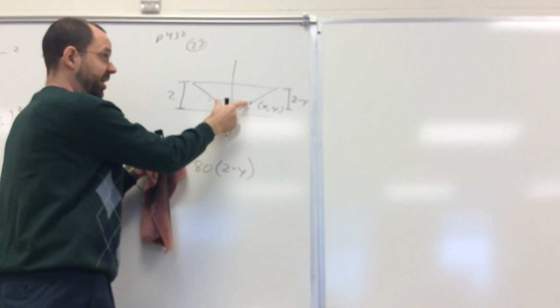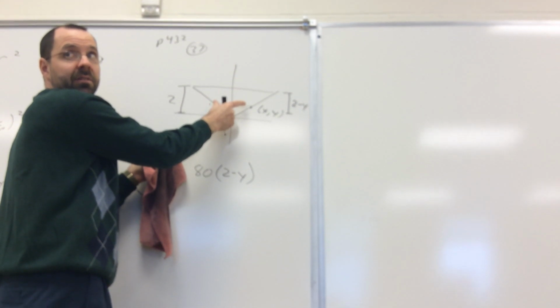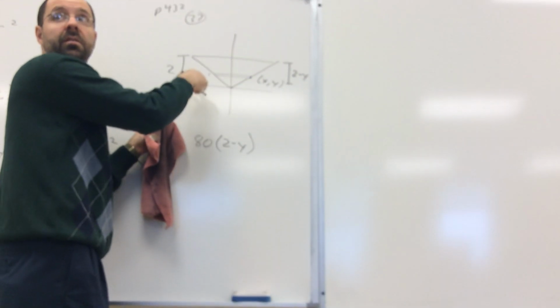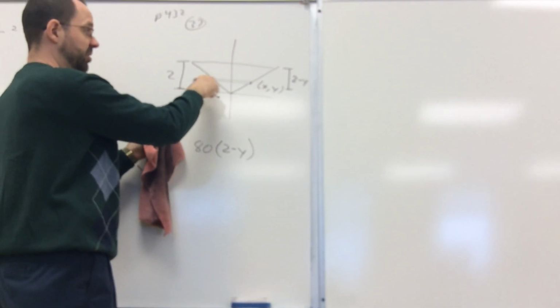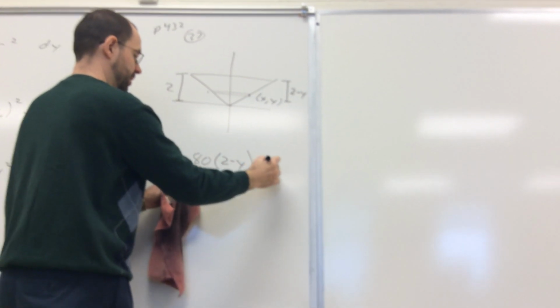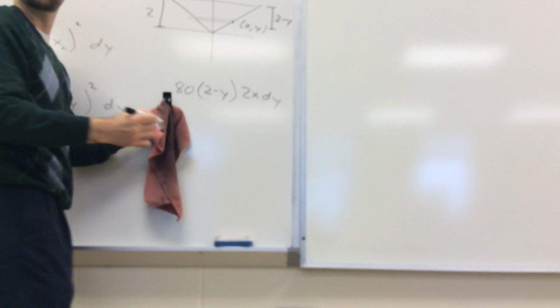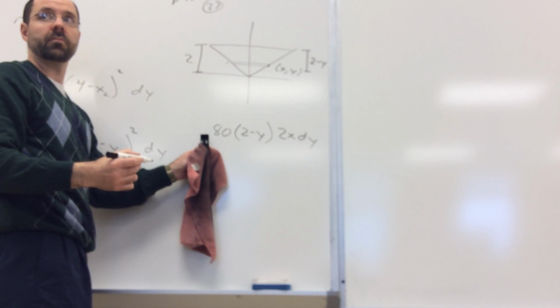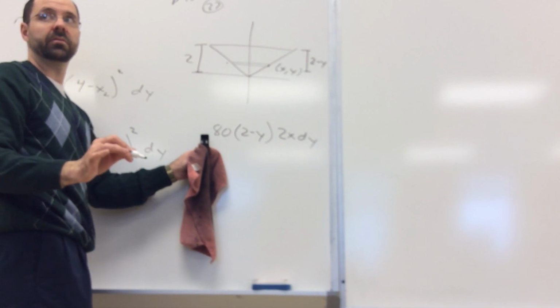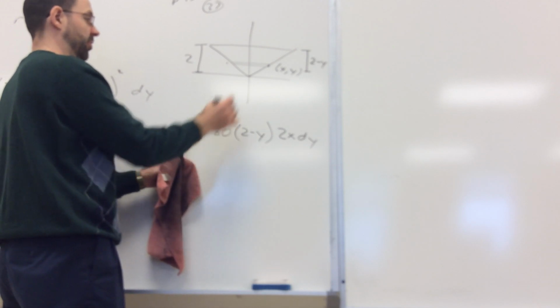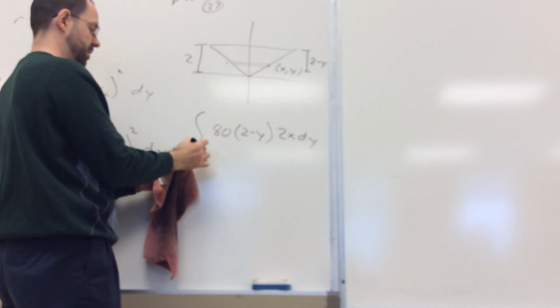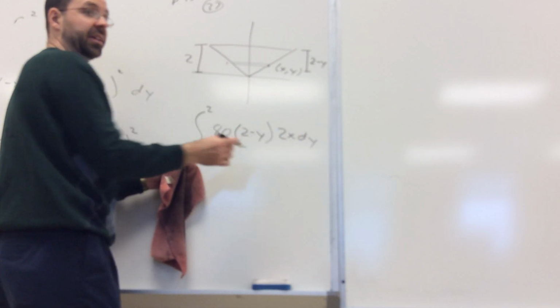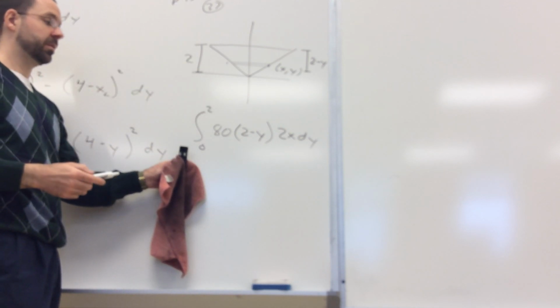So the width of that rectangle is 2x, because this is symmetric. So the area is 2x dy. Feeling okay? All right, and then we'll integrate from 0 to 2. Because we're dy, so it's from the bottom to the top.